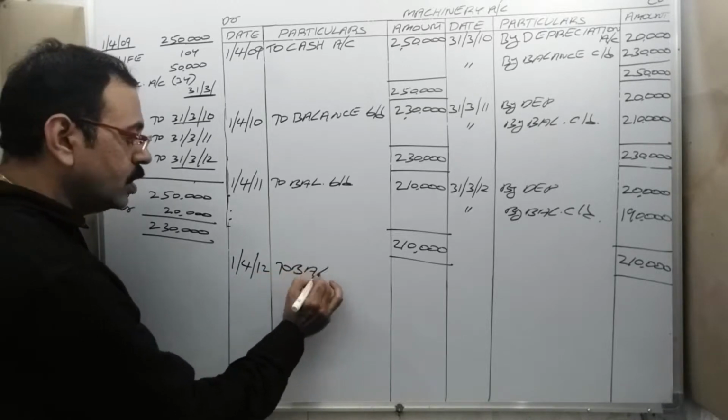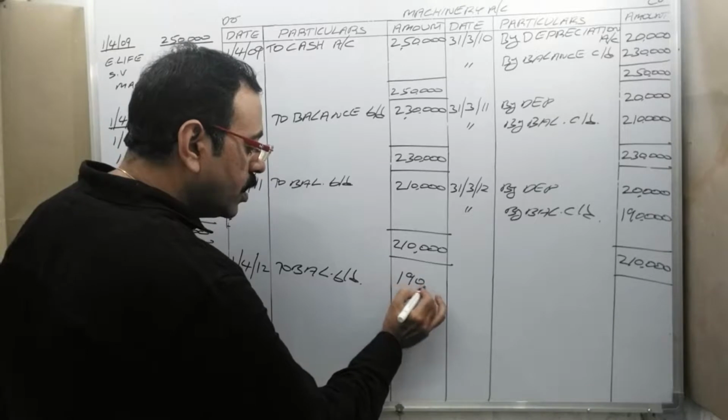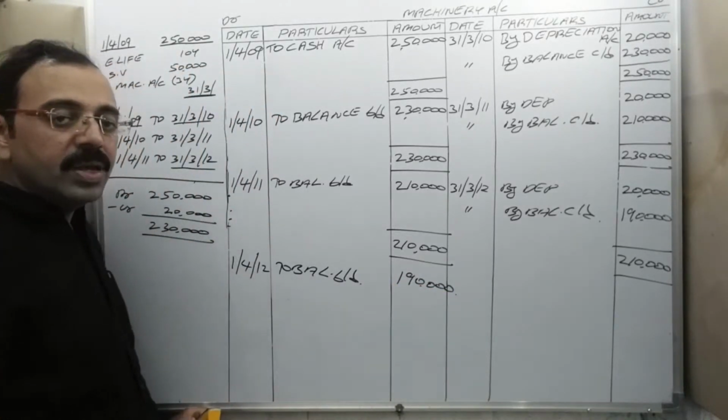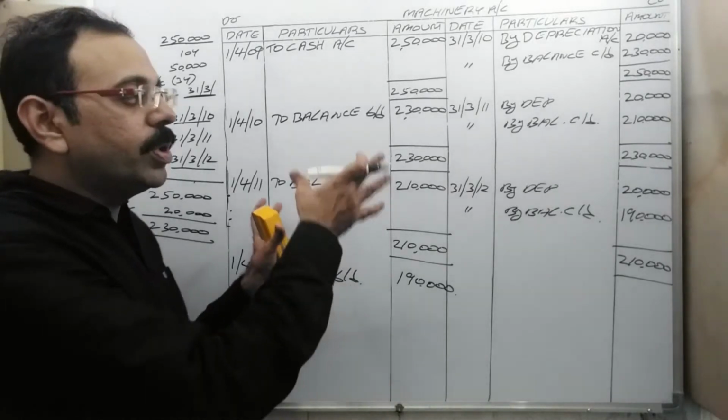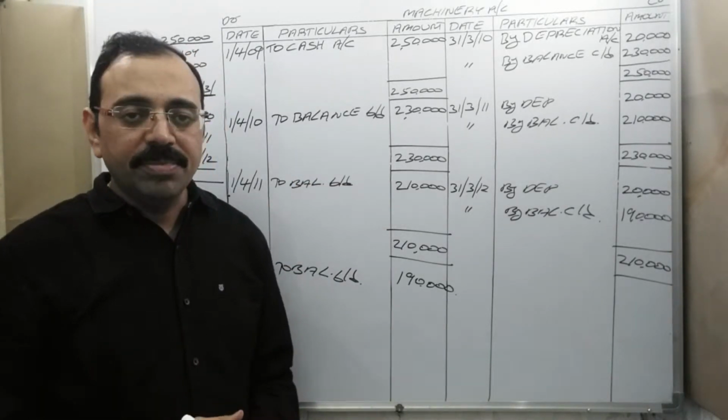To balance brought down 1,90,000 rupees. Okay, in this manner we have to prepare asset account under fixed installment method.